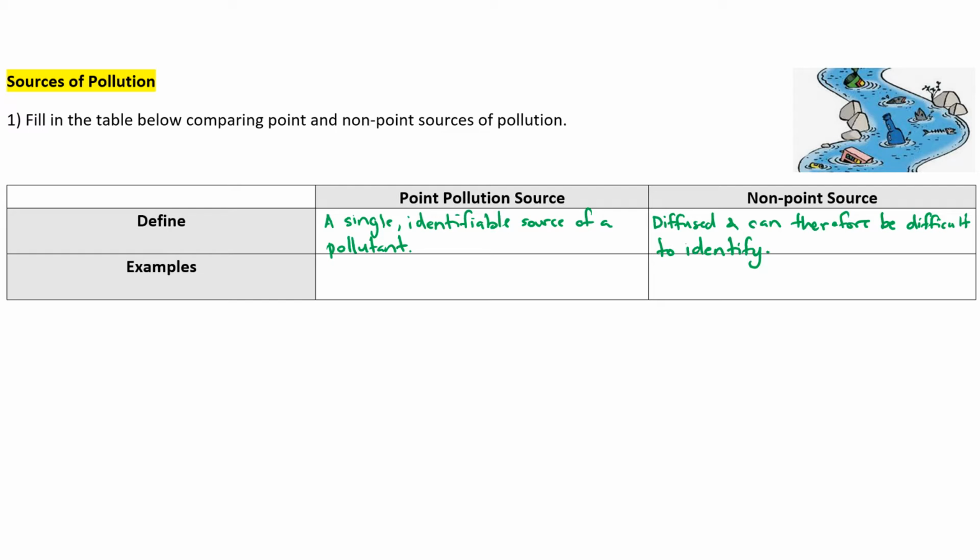So examples, we have the smokestack, waste discharge pipe, for non-point source we also have pesticide spraying, urban or farm runoff.